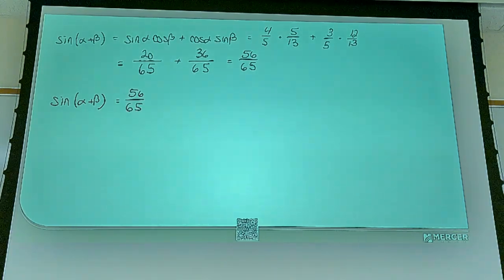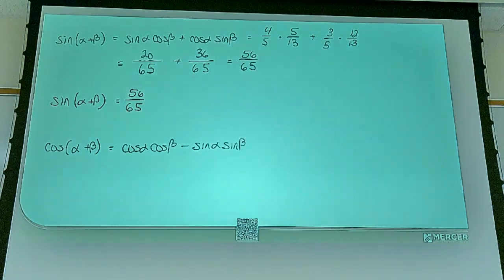Now we want cosine of alpha plus beta. Again, use the sum identity. The sum on cosine. Cosine alpha times cosine beta minus sine alpha sine beta.